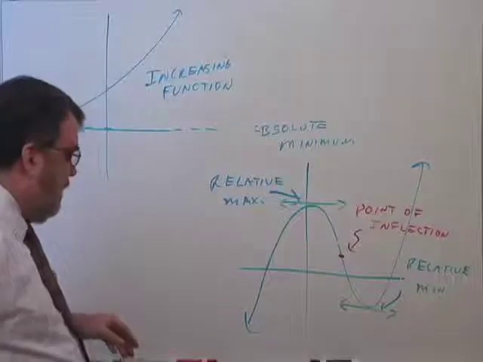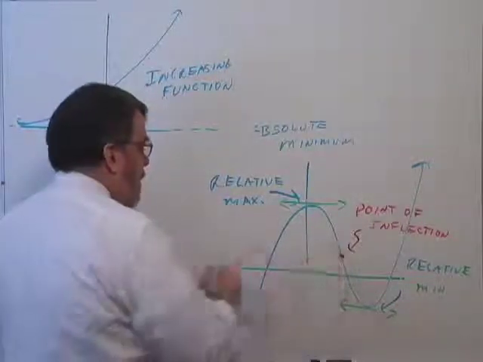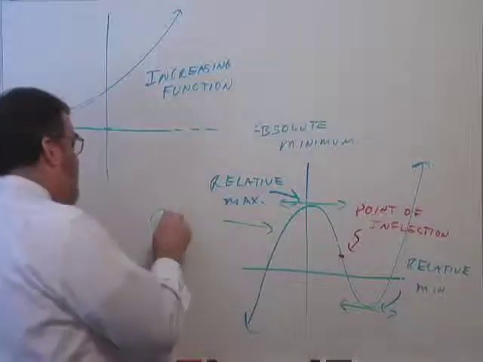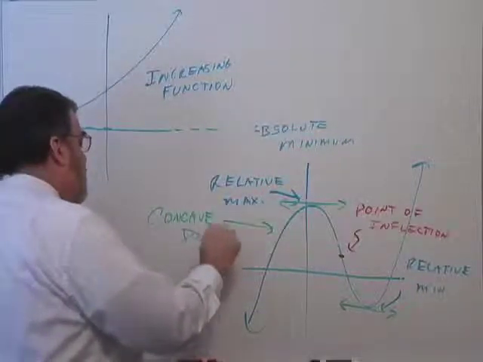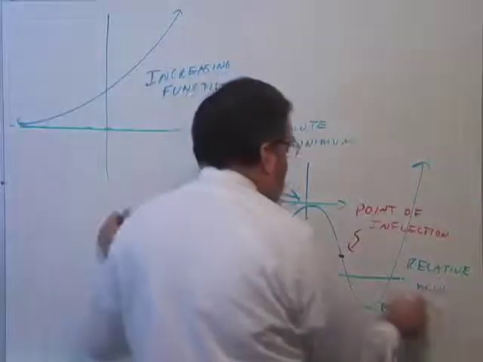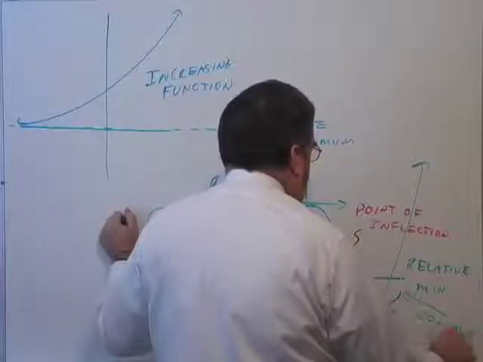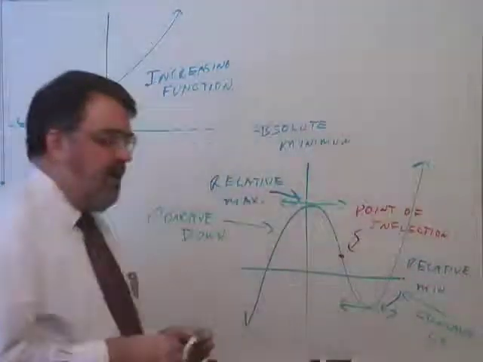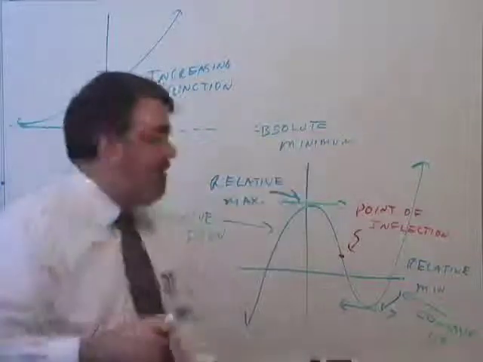And so on the left, we say it's concave down. And then on the right, it's concave up. So again, concave down means it loops over, concave up, it loops upwards.